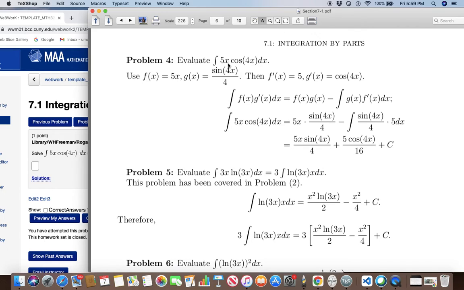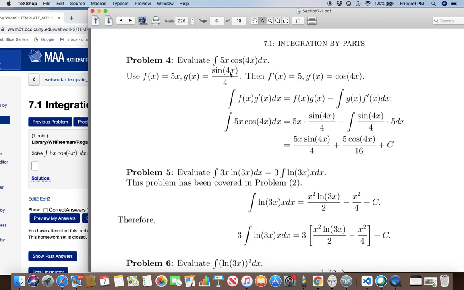So, 5x cosine 4x. Let the first factor be f of x. Second factor, cosine 4x. That is going to be the derivative of something. So, take its antiderivative.